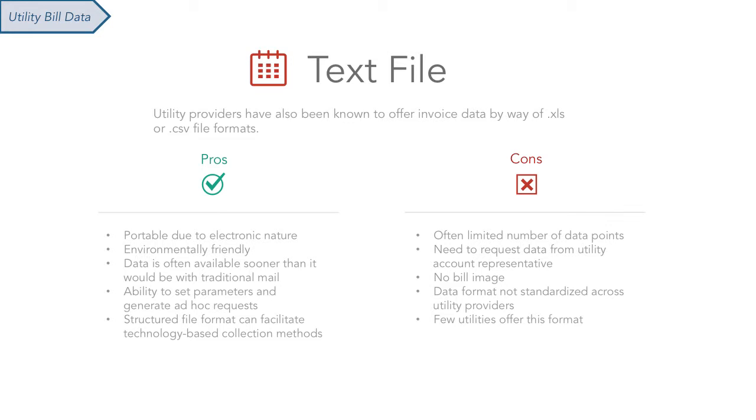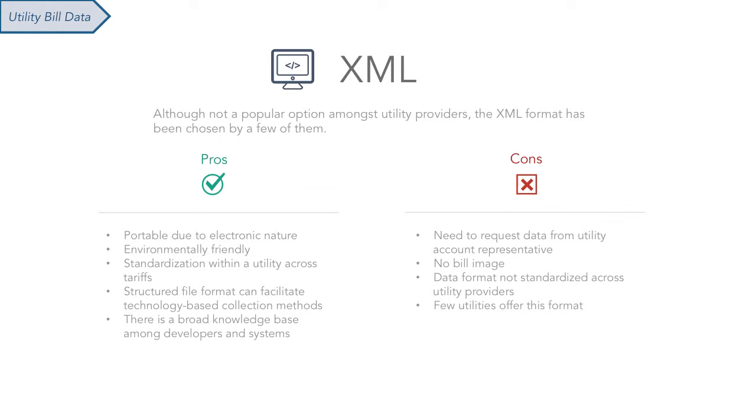Again, here you're probably not going to receive an actual bill image that would have looked like the mailed or e-bill file. That may or may not be a significant sacrifice in your system. The next, and possibly the final, electronic alternative is probably also the most advanced.